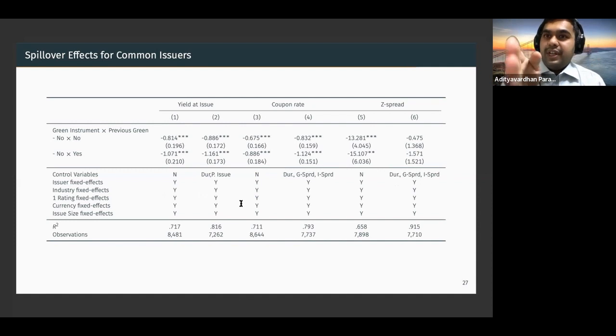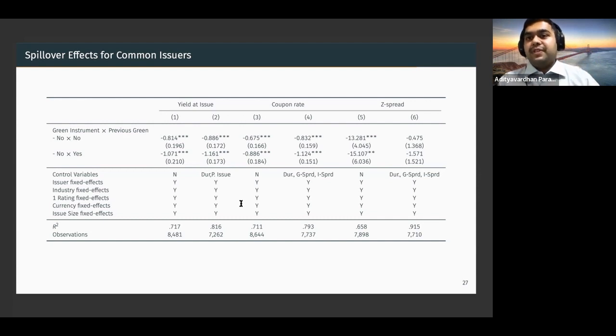So we focus here mainly on the normal bonds. Green instrument no implies that the instrument in concern is the normal bond, and we see that the interaction term no into yes has a higher negative coefficient as compared to no into no. This implies that a normal bond would have a lower annualized yield at issue if the issuer had issued a green bond previously.